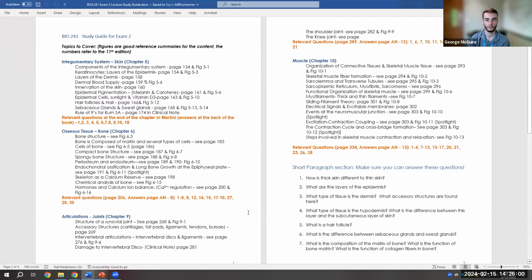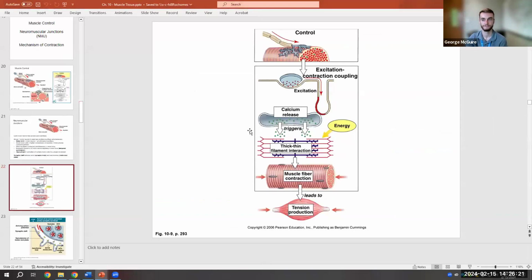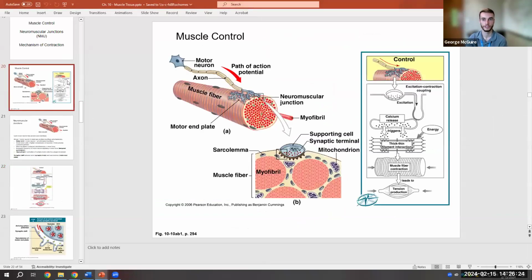So I'm going to start with these two, because this one is just kind of an expansion on these ideas. So let's talk about the contraction cycle, which expands on, what were we saying at the beginning of class? Action potentials. Okay. So the entire process that we learned about that leads up to the contraction of a muscle is going to start with the action potential from this motor neuron, then causing the release of a neurotransmitter.